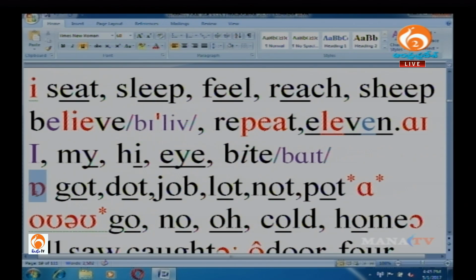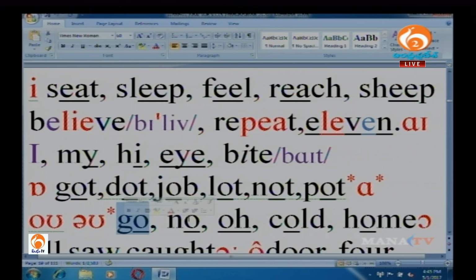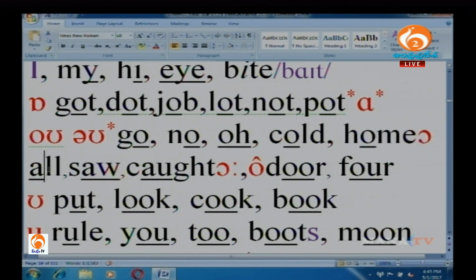This is the symbol for the aw sound. Got, dot, job, lot, not, pot. Americans say it with a more open ah. Got, dot, job, lot, not, pot. Okay? This one is basically the sound of O. Go, no, oh, I see, oh, cold, home, all, saw, caught.